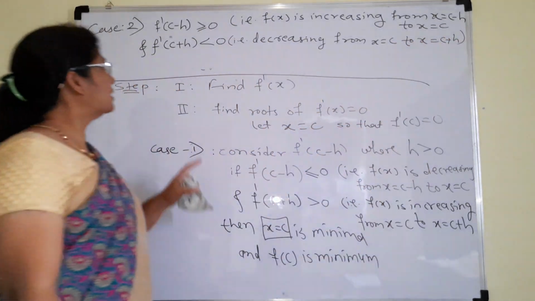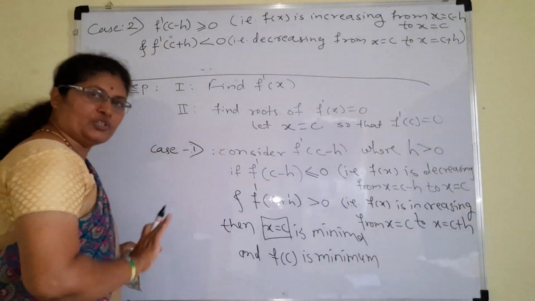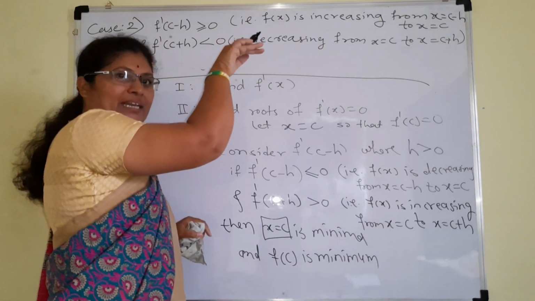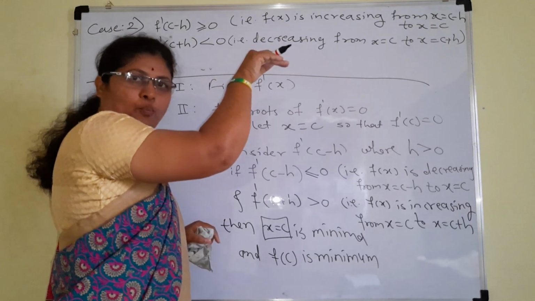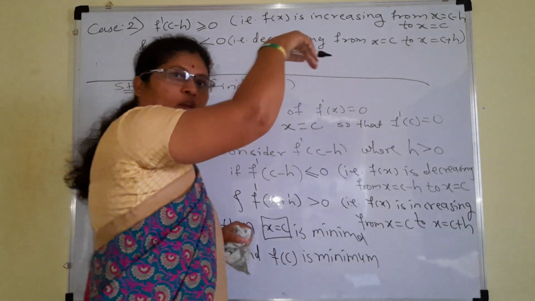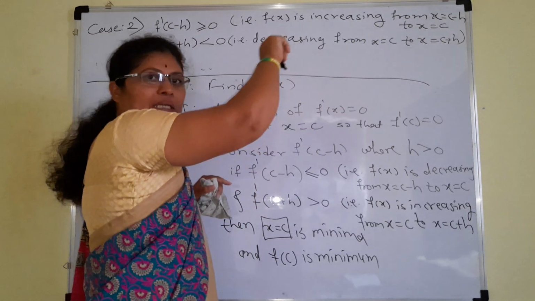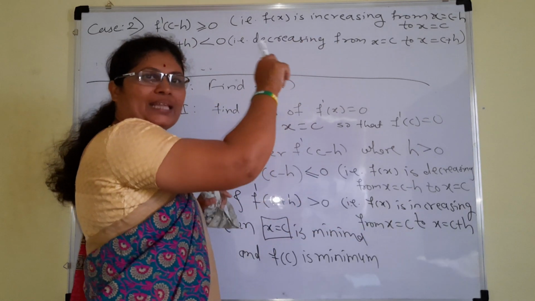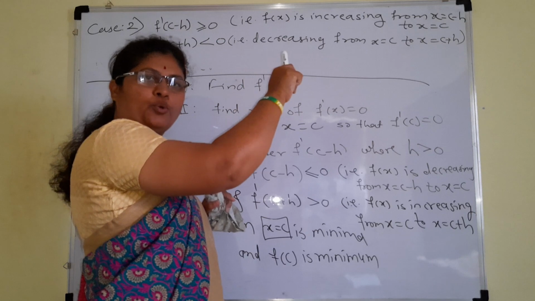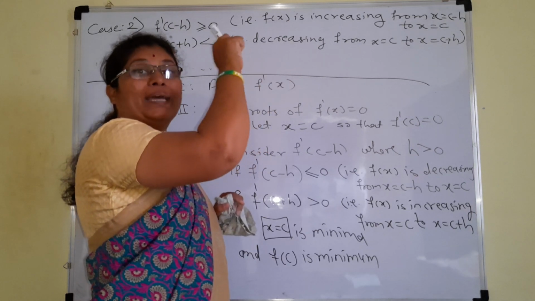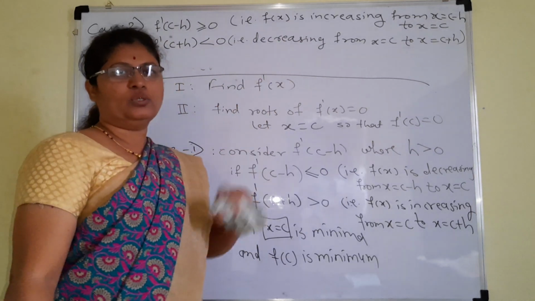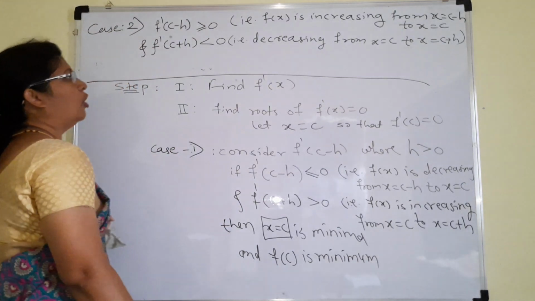So what happens in such a case? First of all, the function is increasing. At x equal to c, it will have the topmost value, and after that the value of the function is decreasing. That means first increasing, then decreasing. So at the point where the value is topmost, the function has its maximum value, which is nothing but the local maximum of that function.